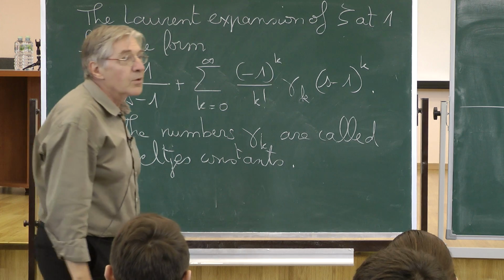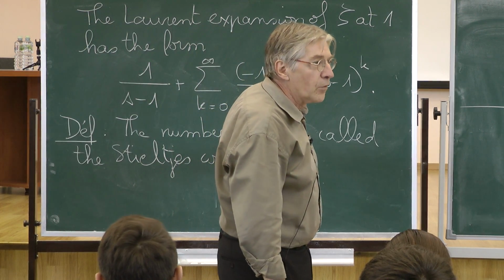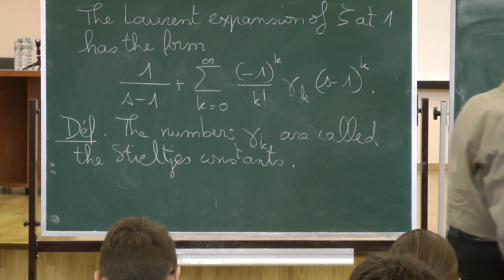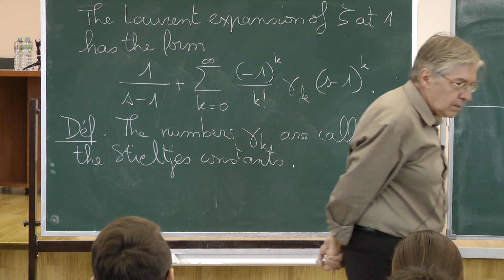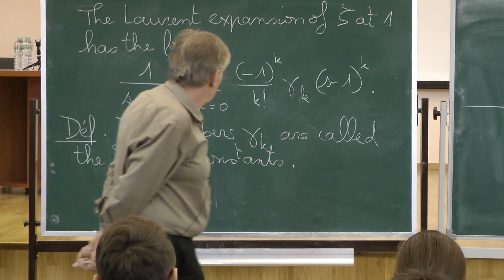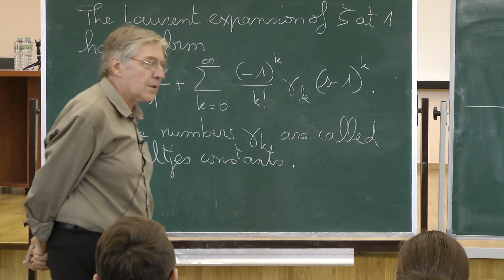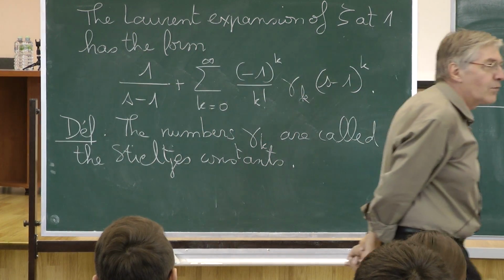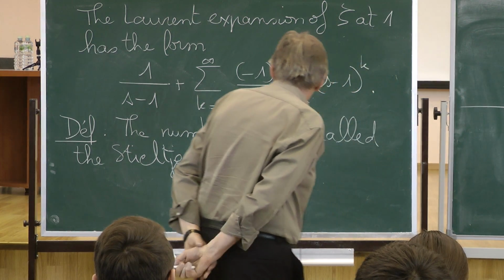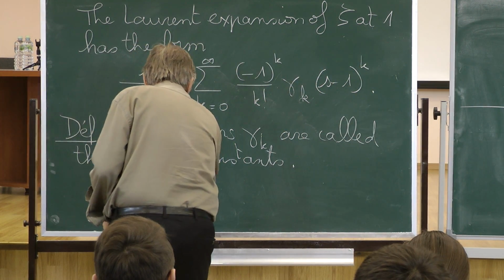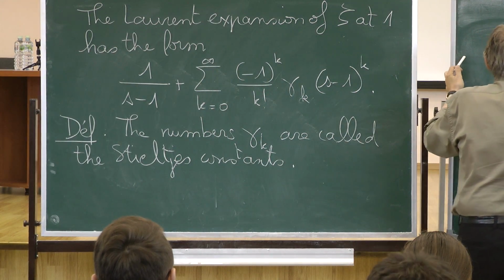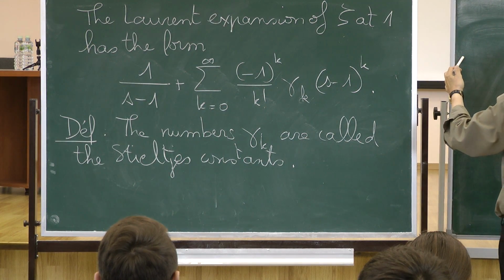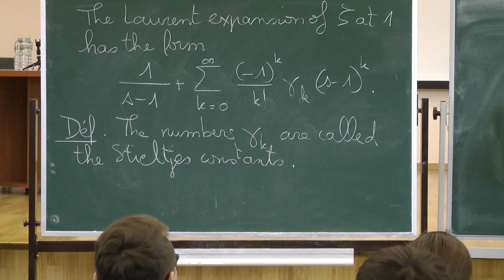Because Stieltjes was a mathematician who introduced them first, if I am not mistaken, around 1885 or something like this. I am not completely sure of the precise year, but more or less it was at the end of the 19th century. And we would like to compute them.